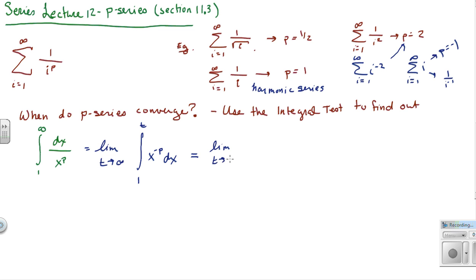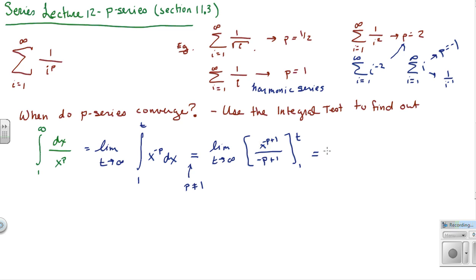This is going to be the limit as t goes to infinity of x to the minus p plus 1 over minus p plus 1, and that's if p is not equal to 1. In other words, if my series is not the harmonic series. And so let's rewrite that.